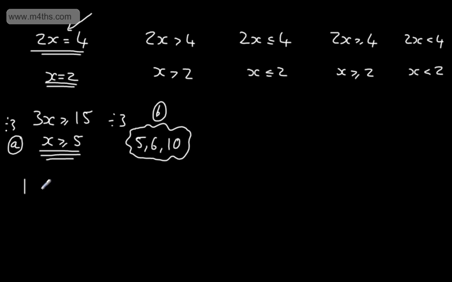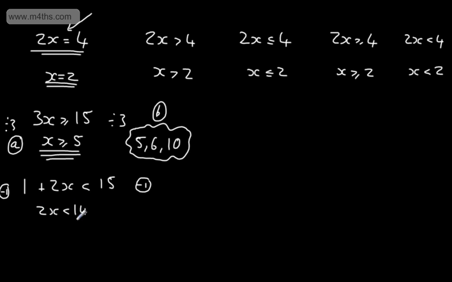Let's do now 1 plus 2x is going to be strictly less than, and we'll go for 15. So if we had an equation that was 1 plus 2x is equal to 15, the first thing we would do is subtract 1 from both sides. So that's all I'm going to do here. I'm going to subtract 1 from both sides of the inequality. We've got 2x is going to be less than 14.